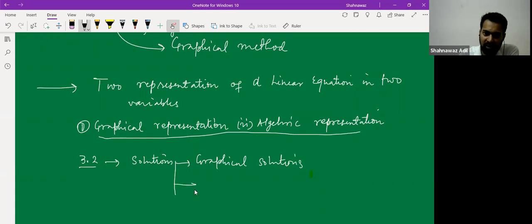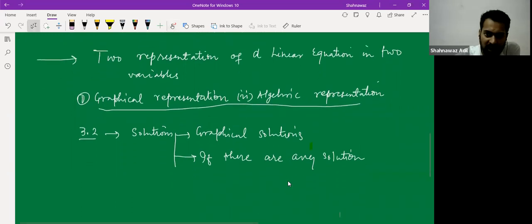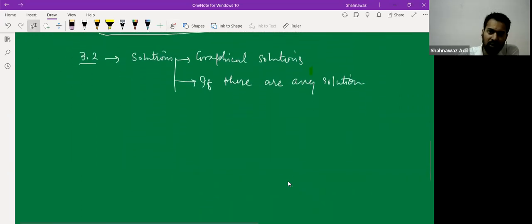And firstly, we will be talking about whether there are any solutions. So there can be three scenarios. So the graphical representation of a linear equation will be what? Linear equation meaning straight line, right? Right, Rizwan?